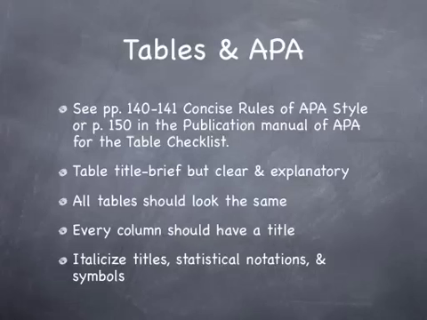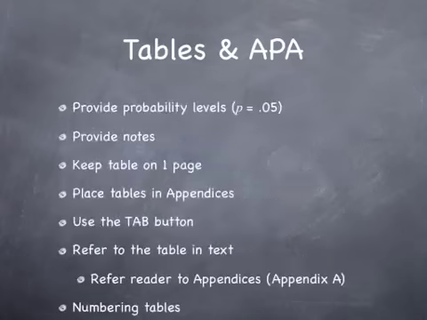Any kind of statistical notations, like the mean symbol, the standard error symbol, the standard deviation symbol, and any other symbols that are used, should be italicized. When we get to ANOVA or t-test tables, you should always provide the probability levels, the p .05. We'll talk about that a little bit more. You'll see an example of that.